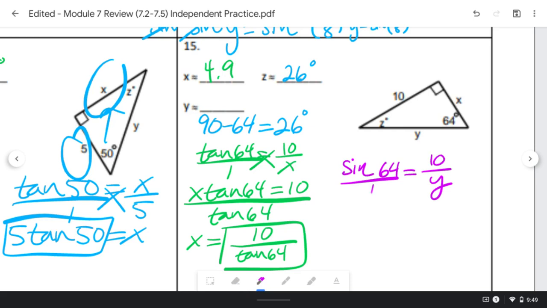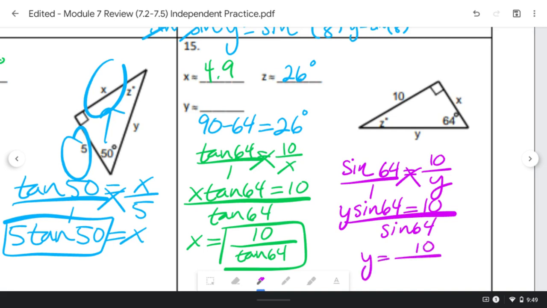And then I'm going to put this over 1, cross multiply. Y sine 64 equals 10. Divide both sides by sine of 64. And this is what you'll plug into your calculator to get y: 10 divided by sine of 64. You round to one decimal place, and you're going to get 17.9.